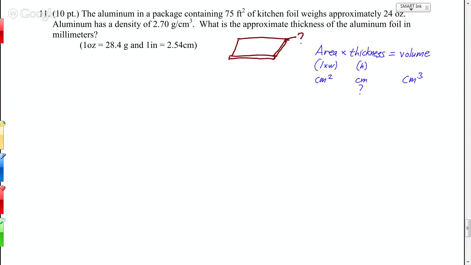So let's go through and see if we can do that. We have to convert the area from square feet to square centimeters, and we have to get volume from mass and density. So let's work on volume first. Doesn't matter, but is that okay? Okay.